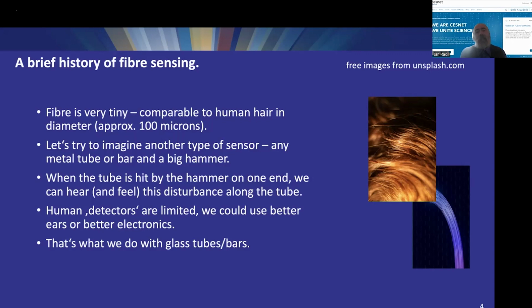So we can use human detectors, of course, ears, but we are quite limited. We could use better ears or better electronics. And that's the principle of what we do with glass tubes or bars, which means fiber. Next, please.